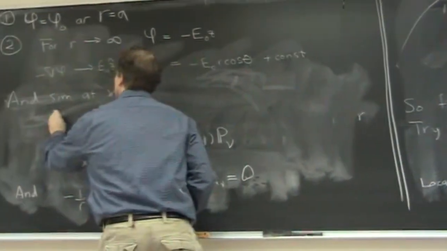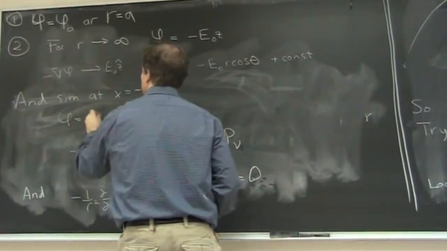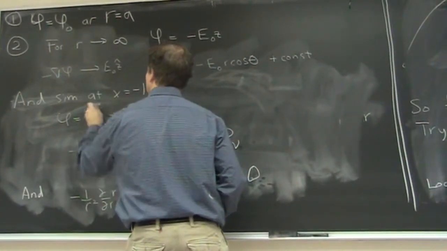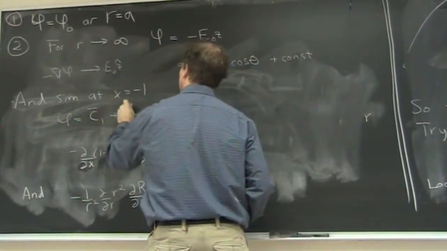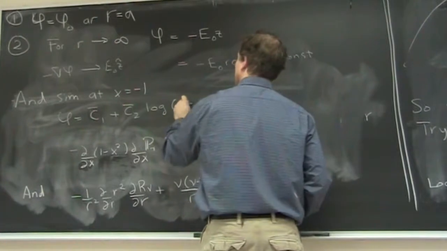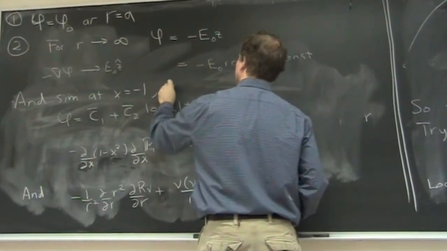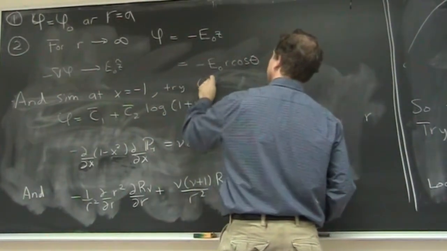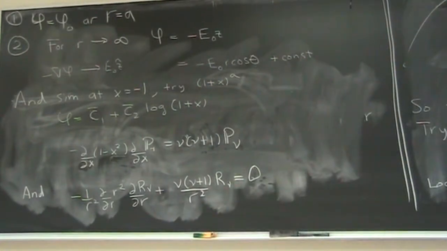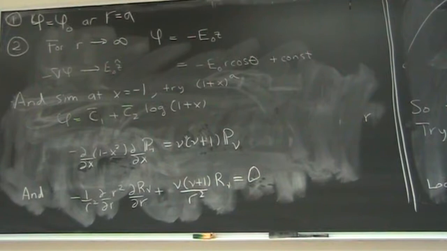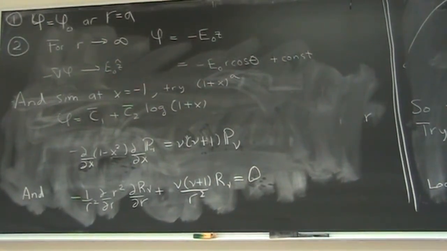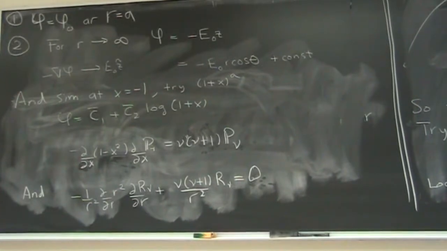So you get that phi is some constant d1, I call it c1 bar, plus x, something like that. All right, so that's the general solution right near the singularities, the 1 minus x.